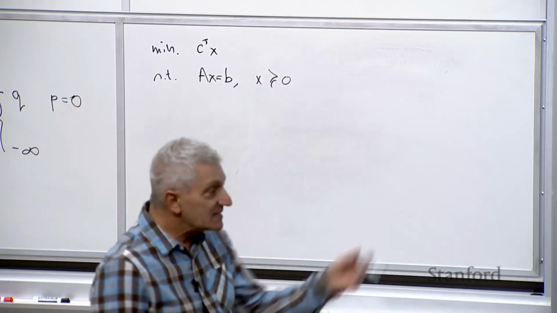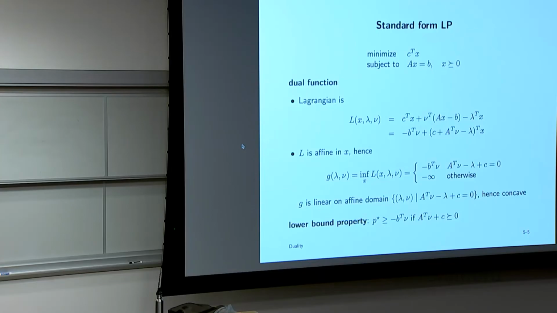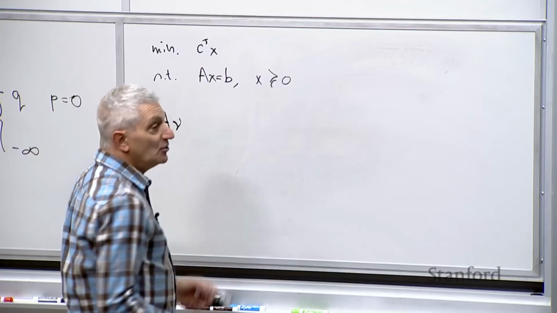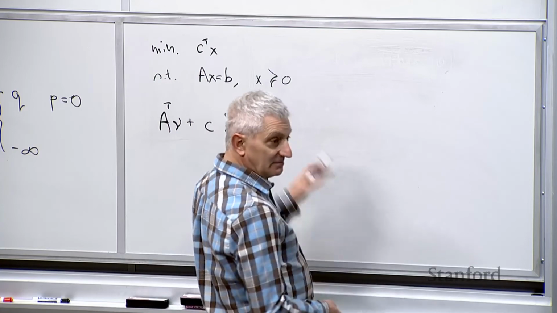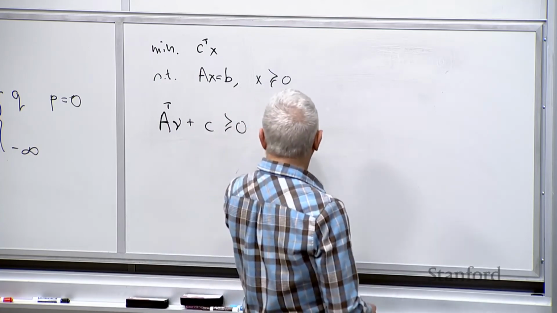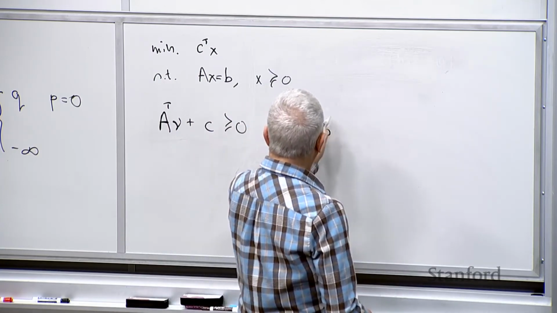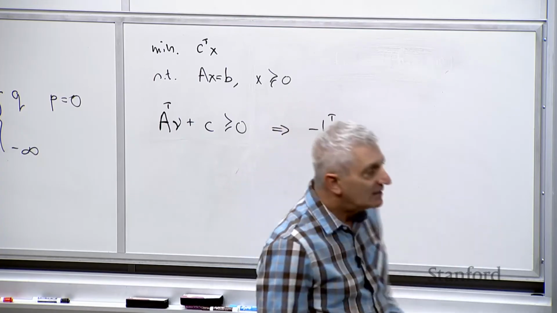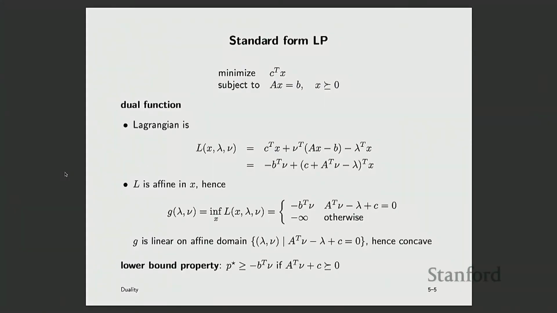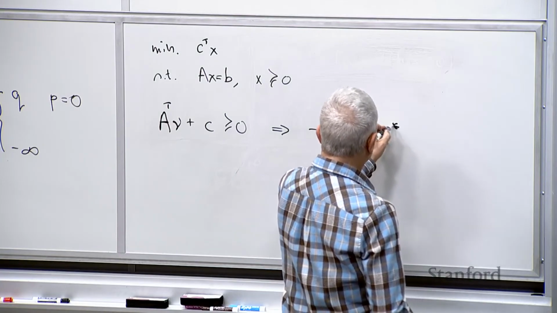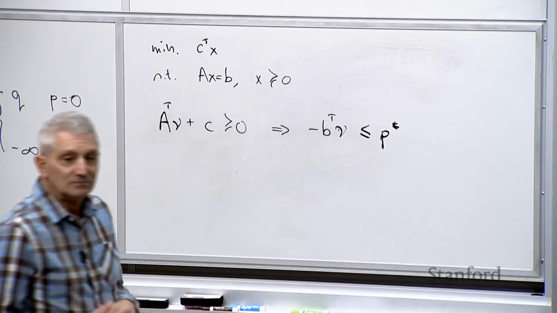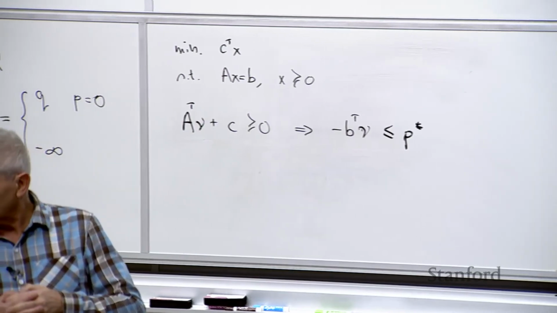And then the claim is, if somebody walks up to me on the street and says, I have a vector nu, and A transpose nu plus c is bigger than or equal to 0, they claim then, this implies that minus b transpose nu is a lower bound on p star. Okay? So this is pretty cool, right?